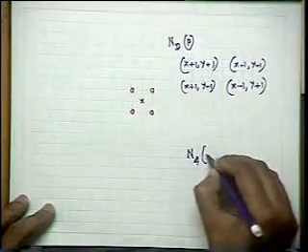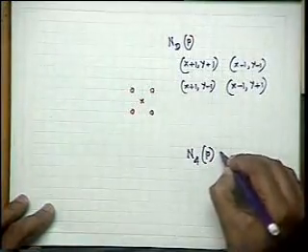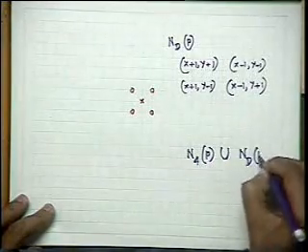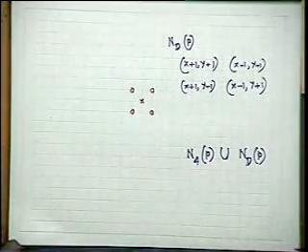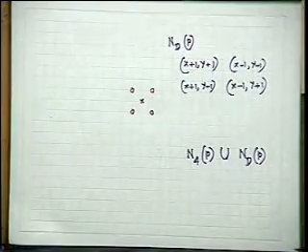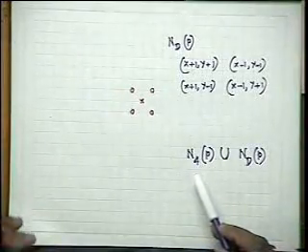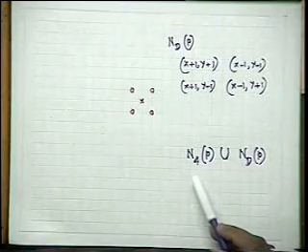Now if I take the union of the set N4 of P with ND of P, what do I get? I get 8 neighbors: the 4 diagonals, and in N4 of P the immediate top, bottom, left and right.